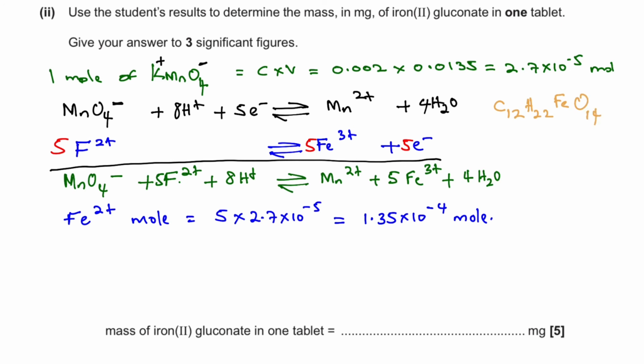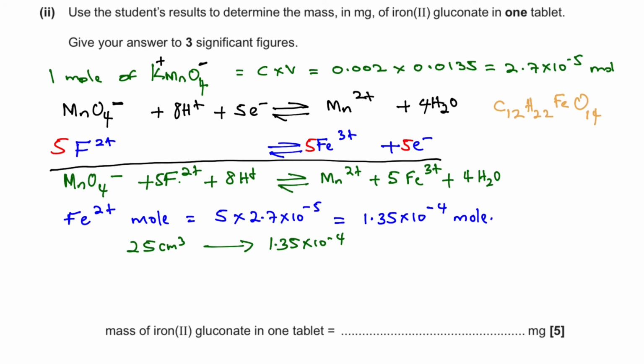So the 1 mole of iron we just calculated is 1 mole of iron in that tablet. We add water up to 250, so 25 centimeter cube is what we used, and that gives us 1.35 times 10 to the power minus 4 mole.